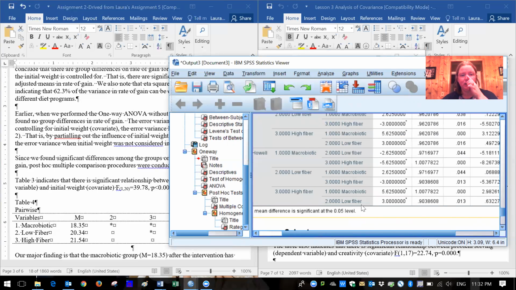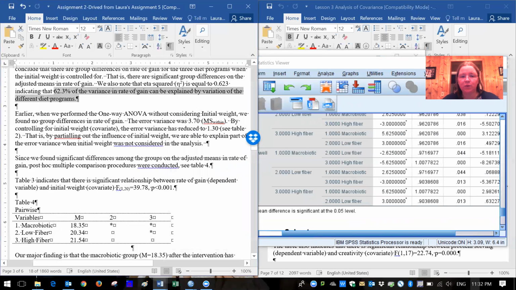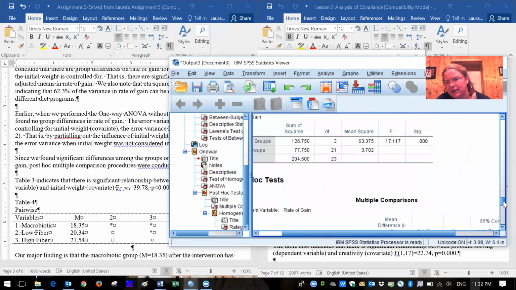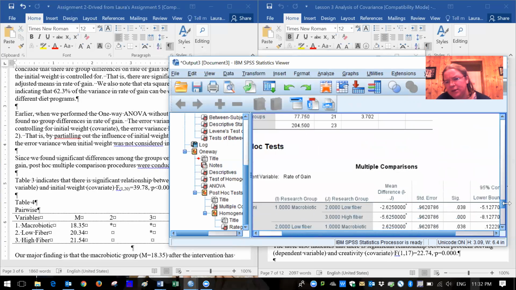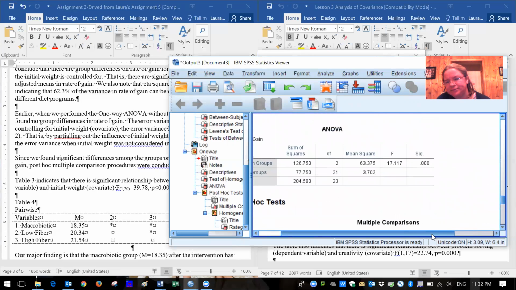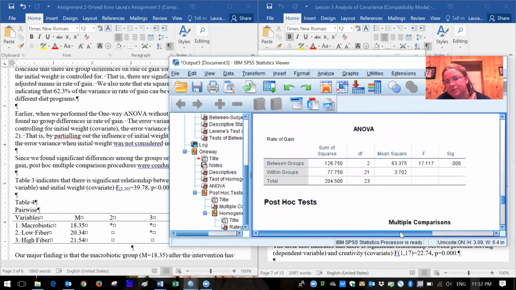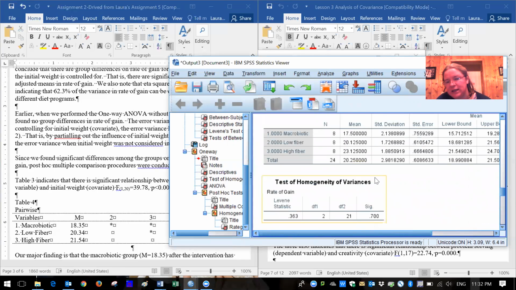But the reason that we're looking at this is that we wanted to show that when we performed the one-way analysis without considering initial weight, we found no group differences in the rate of gain. Now that's interesting, because this clearly is saying that.